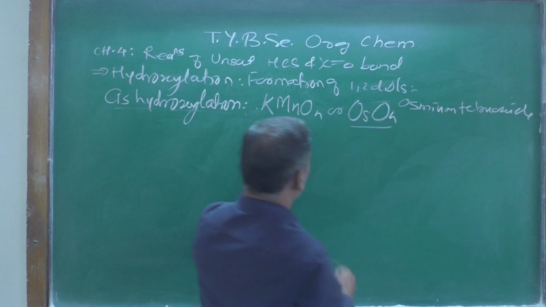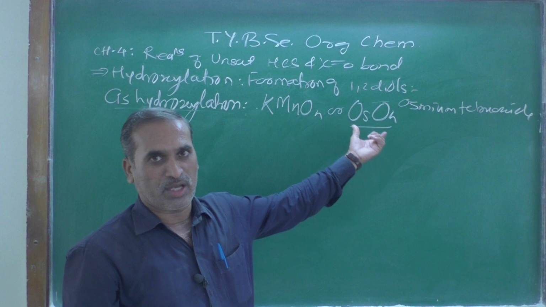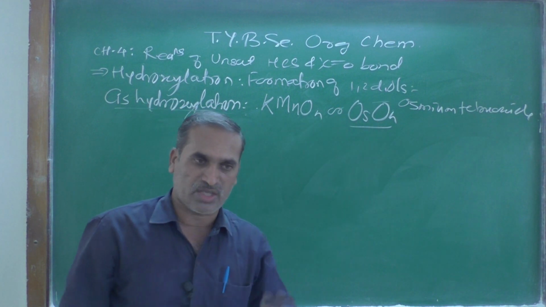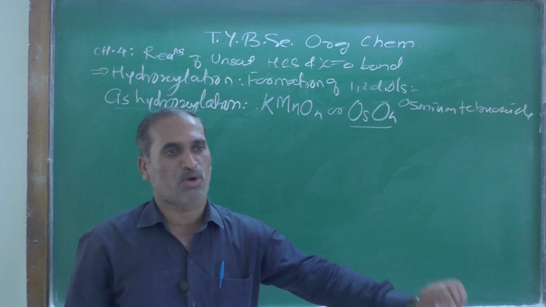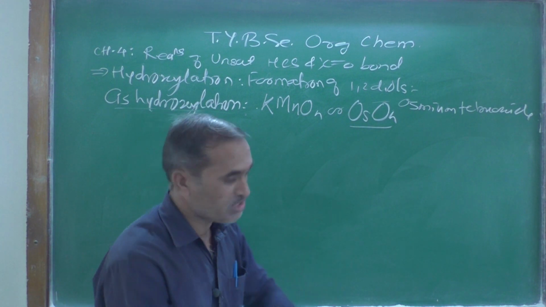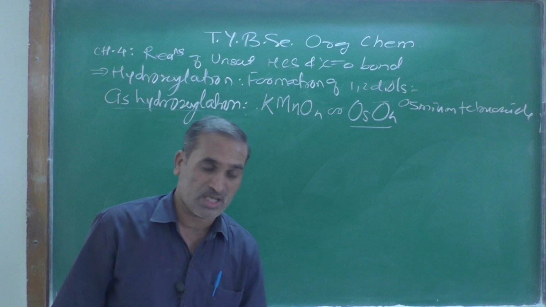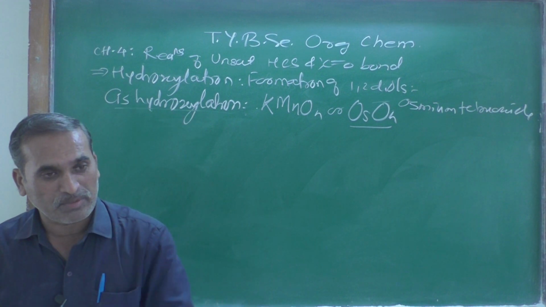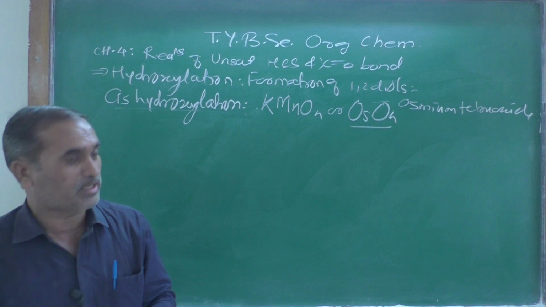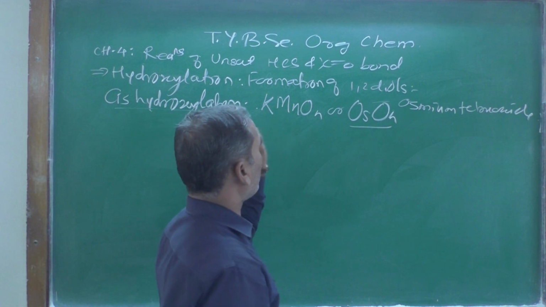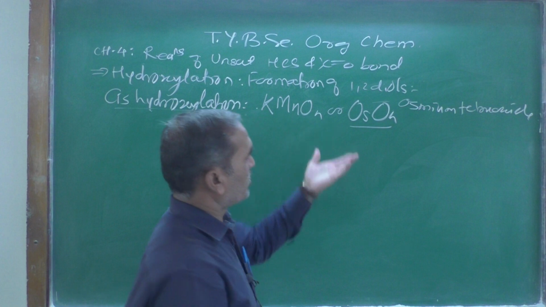Either you can use potassium permanganate or you can use osmium tetroxide. The resulting compound is the same, a cis hydroxylation. For trans hydroxylation, what type of reagent we are going to use, we will see shortly. But first, with these reagents, predict the product.